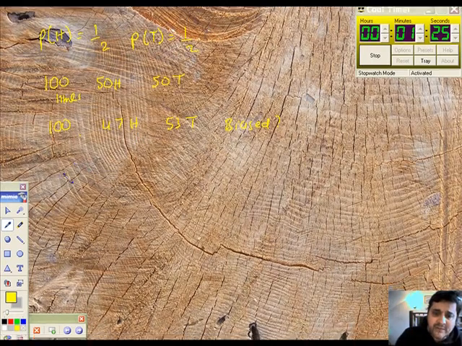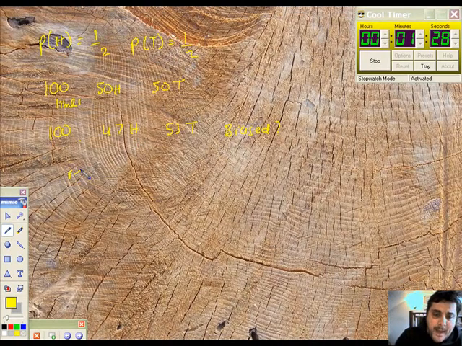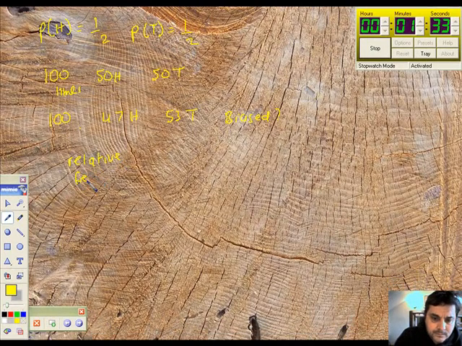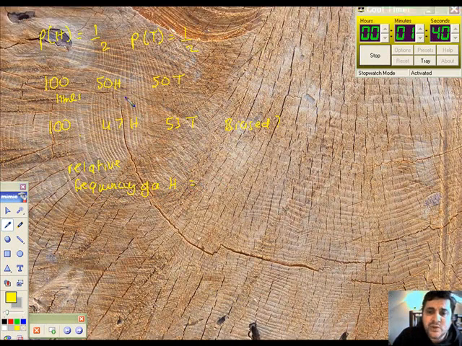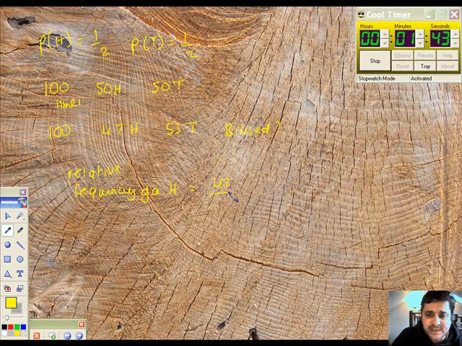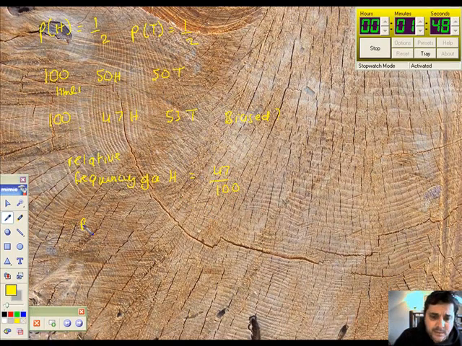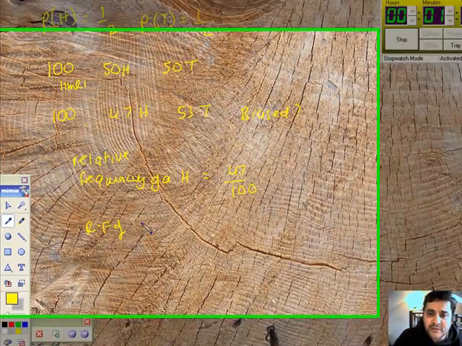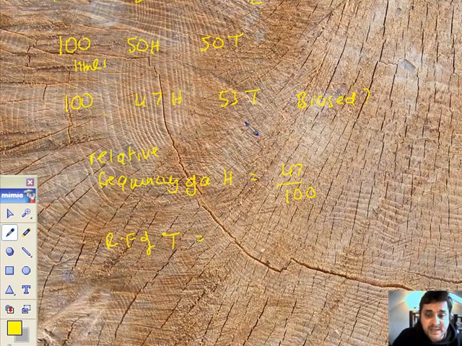So if I was to work out the relative frequency of obtaining a head, that would be not 50 out of 100 but 47 out of 100 according to my experiment. In the same way, the relative frequency of gaining a tail by my experiment would be 53 out of 100, and of course they can be put into decimals if you really want to.